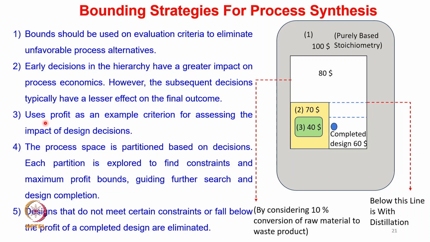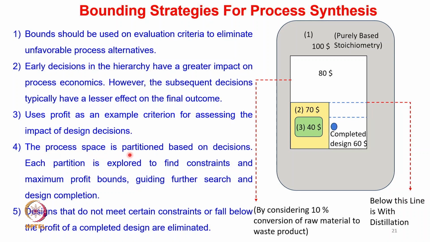Usually we take the profit as an example criteria for assessing the impact of the design decisions, but instead of profit we can use even the sustainability or environmental protection, or how much environmental degradation a particular process is performing. That can be another criteria to look at the assessment of the given flow sheet.